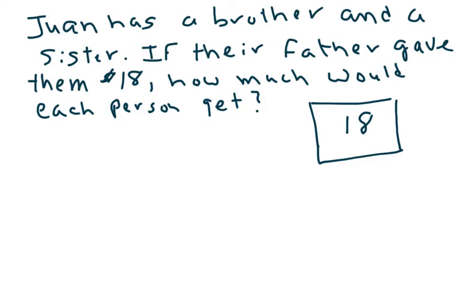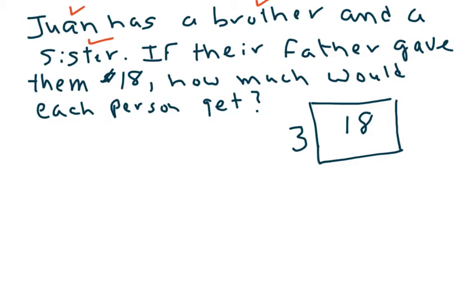What do you think? Well, I think we have Juan. He has a brother and he has a sister. So we're talking about 3 people. And so we've got the $18 and we've got 3 here.